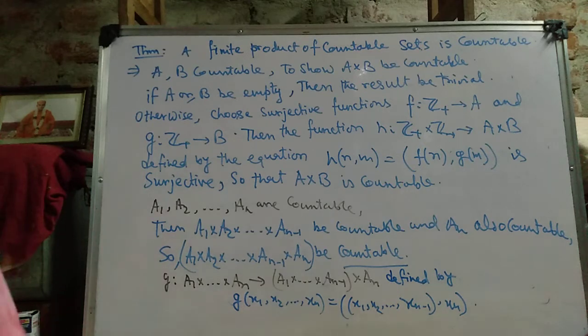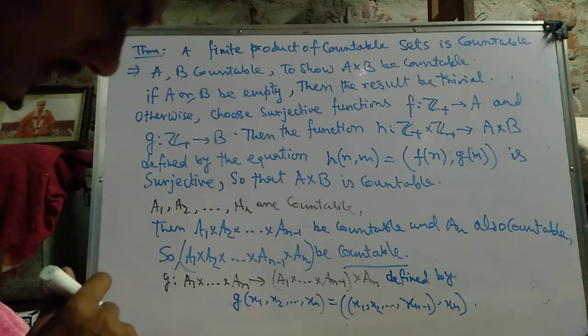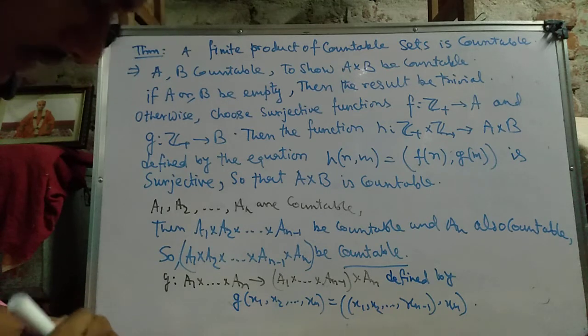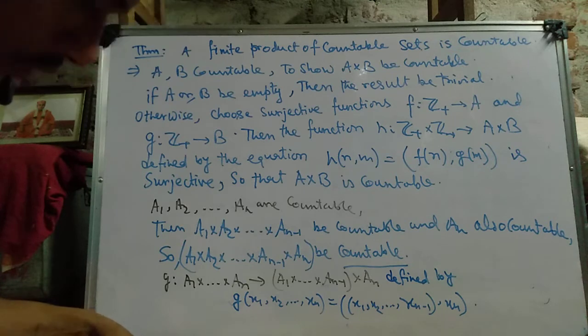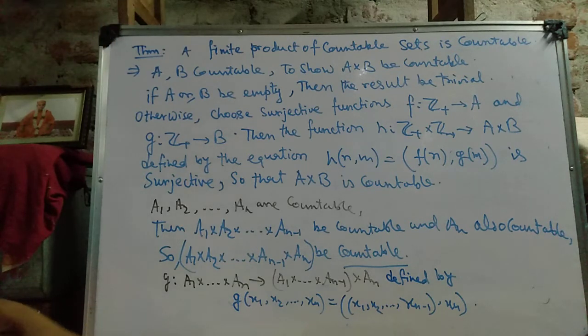Okay, then this set is countable. Since this one is countable and A n is countable, the product of these two sets is countable. So we conclude that A1 Cartesian product A2 up to A n minus 1 Cartesian product A n is countable. So today we stop here.